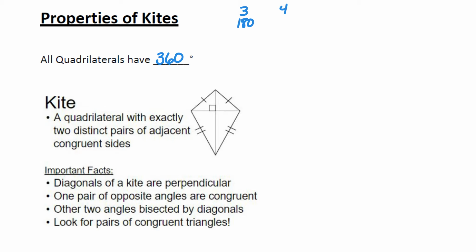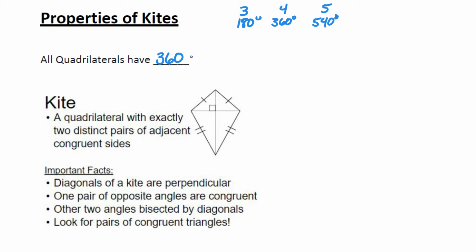Four sides, 360. Anytime you add a side, like a pentagon, is going to have 540 degrees. So it's important to remember that all quadrilaterals, as we go through this, have a sum of interior angles of 360 degrees. All right?